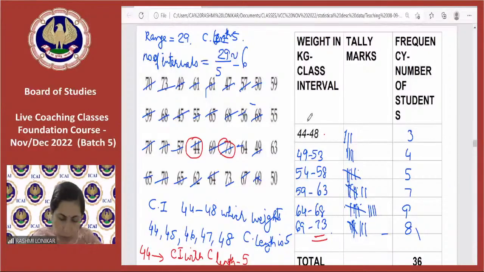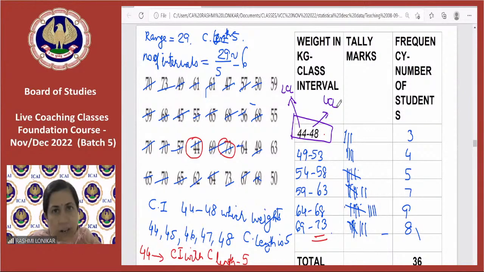Yes, we can do that. No, Ashdeep, 73 is the last. This is the largest number in my data. When I'm considering this class interval, this is my lower class limit and this is my upper class limit.